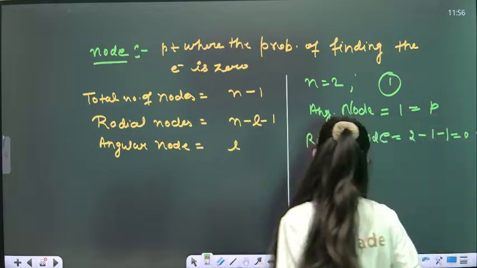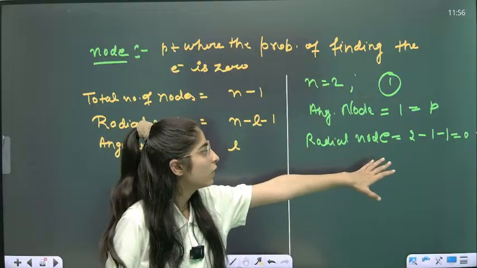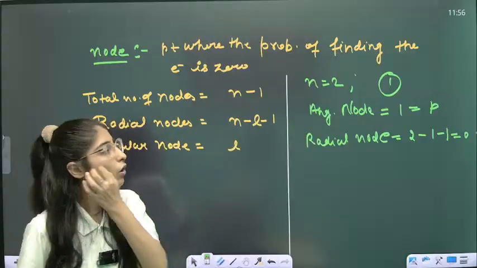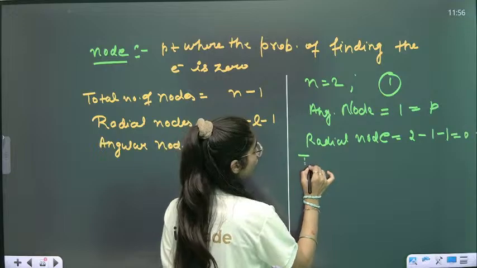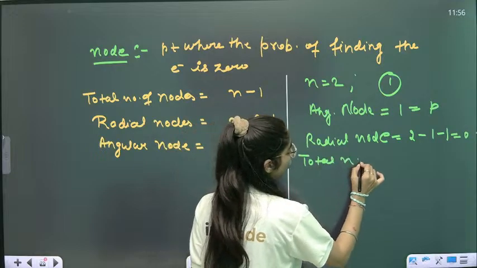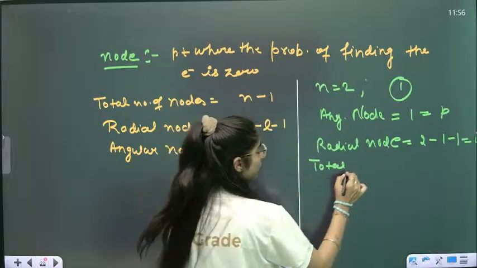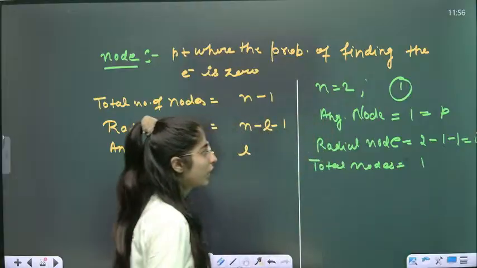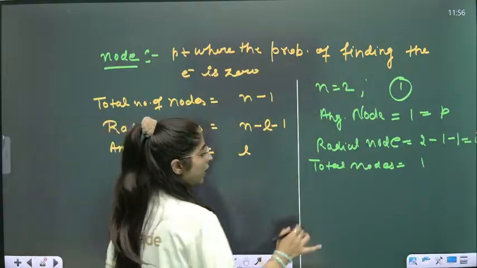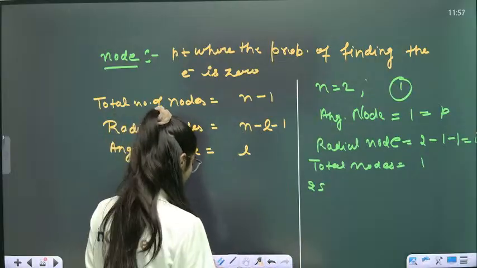So you can see here only the angular node is present, radial node is 0. So the total number of nodes is equal to 1. Okay, if you want to draw it, this is going to be 2s, and I am drawing it here, just wait.